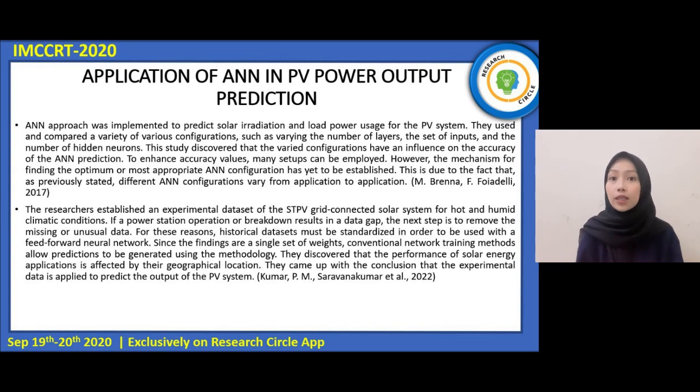Since the findings are a single set of weights, conventional network training methods allow prediction to be generated using the methodology. They discovered that the performance of solar energy applications is affected by their geographical location. They came to the conclusion that the experimental data is applied to predict the output of the PV system.